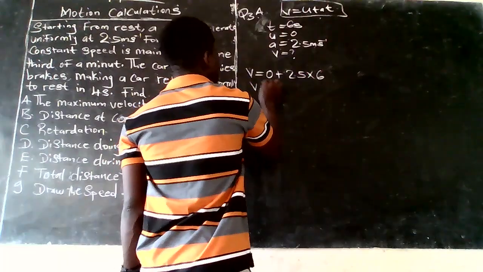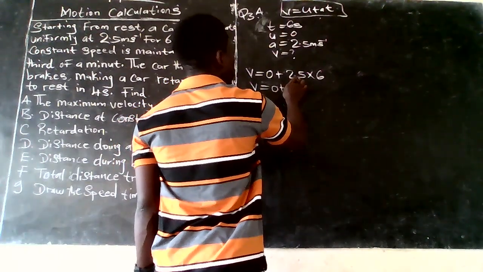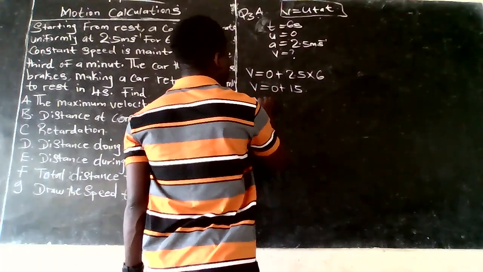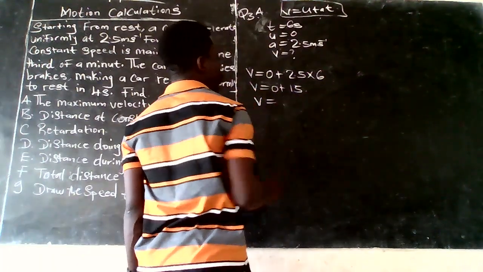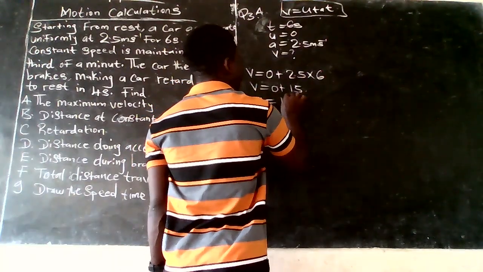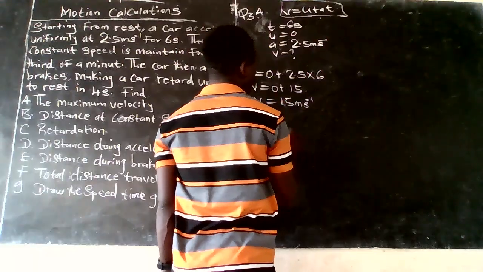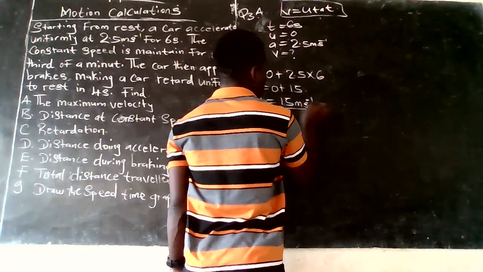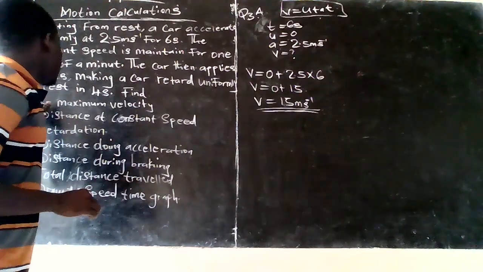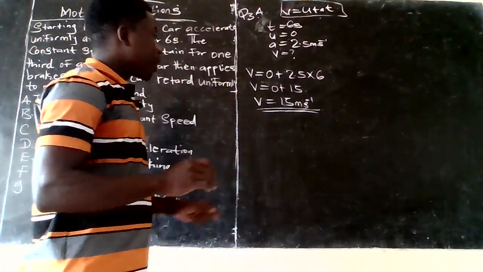So V equals 0 plus 2.5 times 6, which gives 15. So V equals 15 meters per second. So for A, the maximum velocity is 15 meters per second.